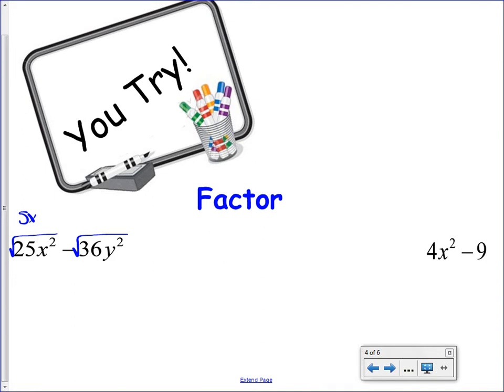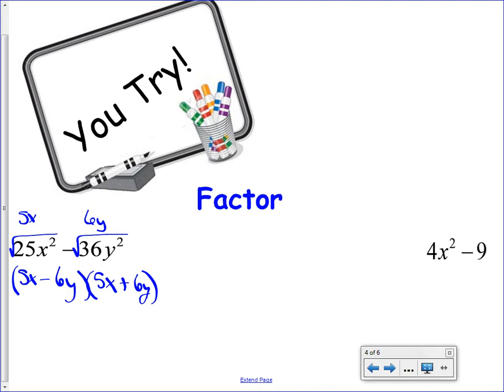Vanessa? 6y. So I have the square roots of each of them. Now I create 2 brackets. 5x goes in the first. I have a minus, a plus sign, 6y, 6y. How many of you got the first one correct? Okay, good. What about the next one?